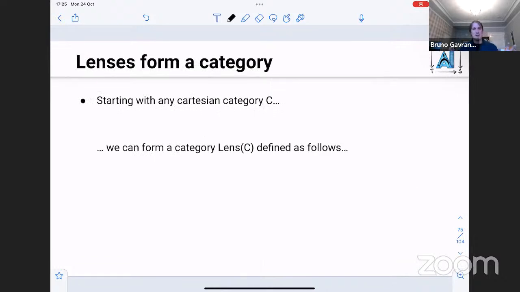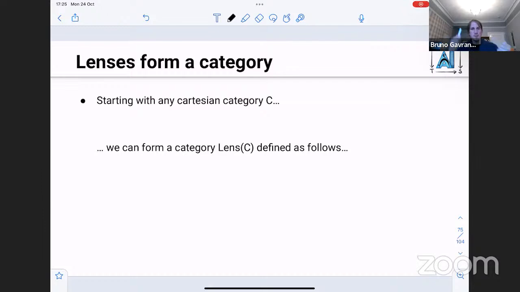And how lenses work is as follows. Unlike so far, where we defined a category and said this is the kind of structure it needs to satisfy, for lenses we're going to do something else. We're going to say, give me any Cartesian monoidal category. This is a symmetric monoidal category where we have comonoids on every object and all morphisms are deterministic. Give me any such category, and I can give you a category of lenses.